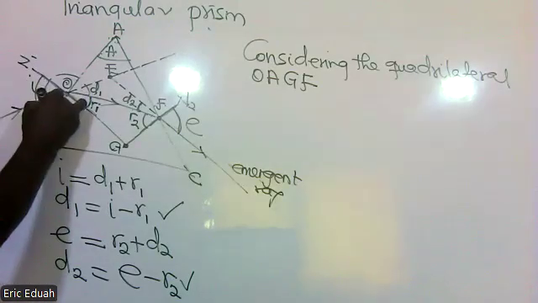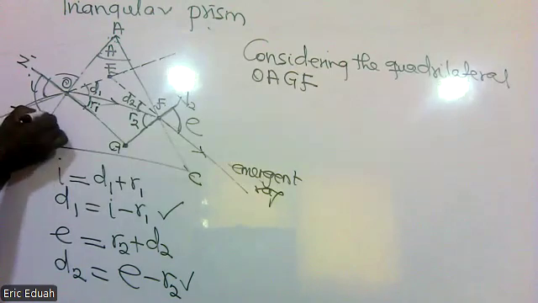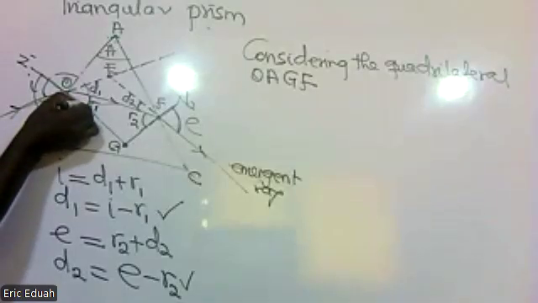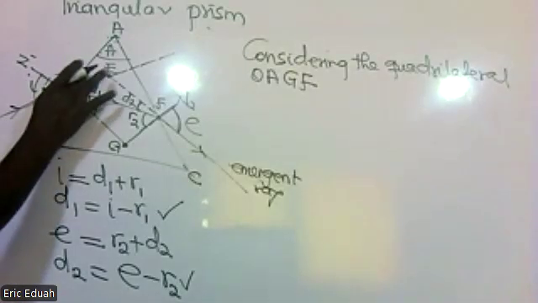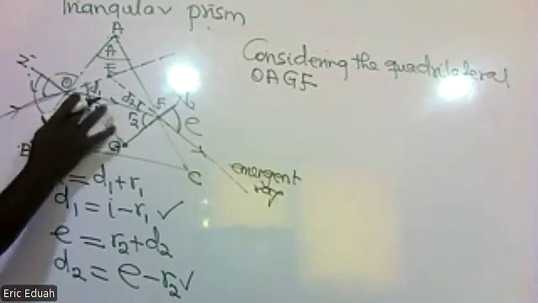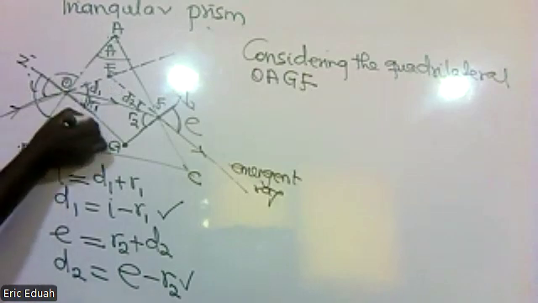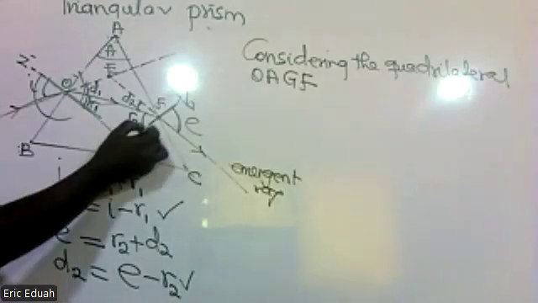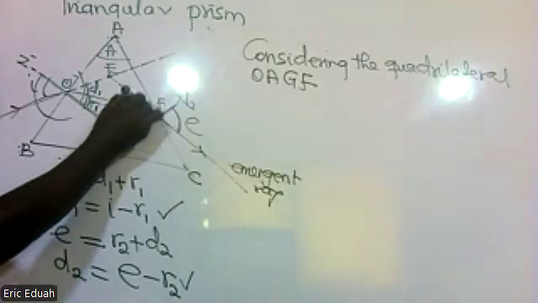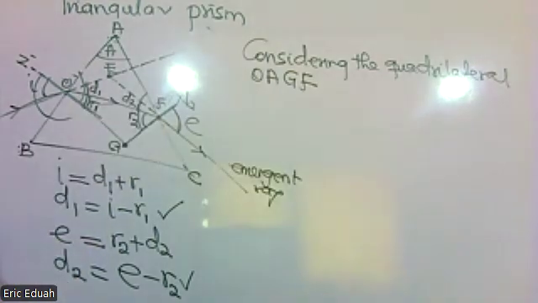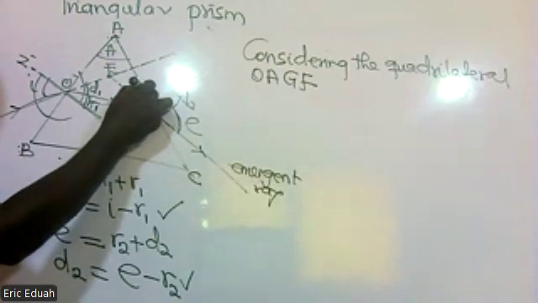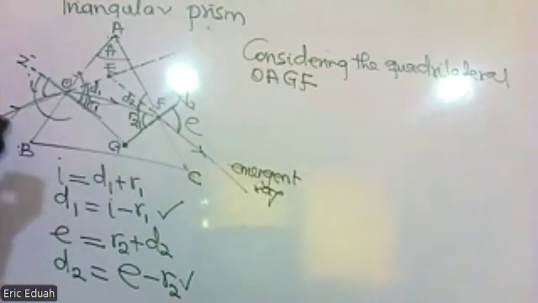This angle is also equal to 90. This angle is also 90. So if the angle between N1 and this is 90, then the angle between this and this is also 90. So 90 from the normal to the prism, 90, 90.